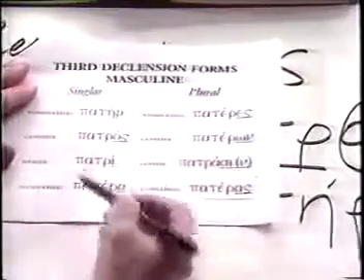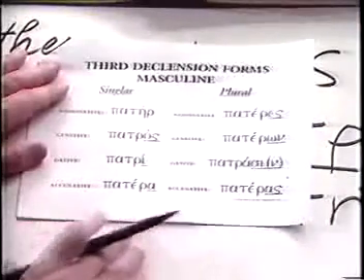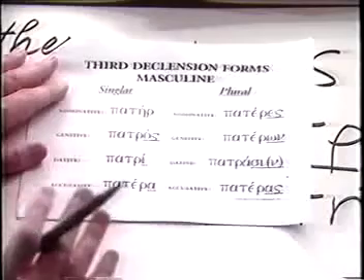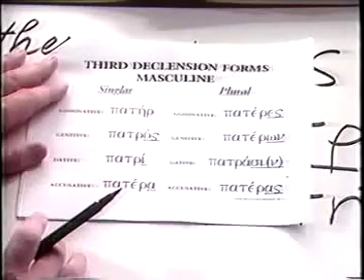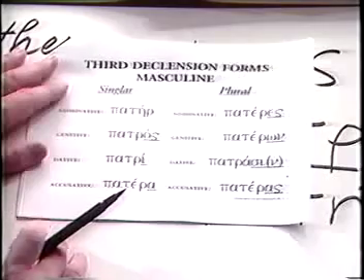You'll notice then that there are some little irregularities in some of these words, and wherever these words are high frequency, very commonly occurring words, it really would behoove you to learn as much of the paradigm as possible.